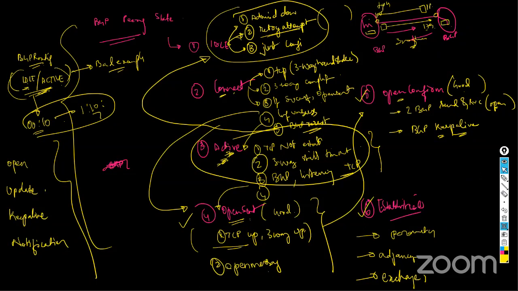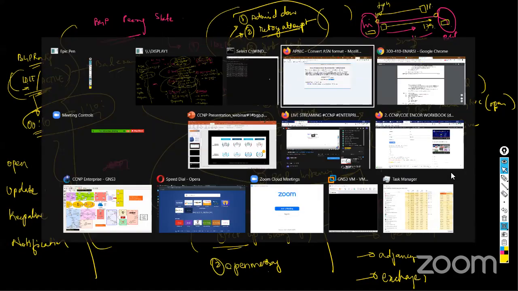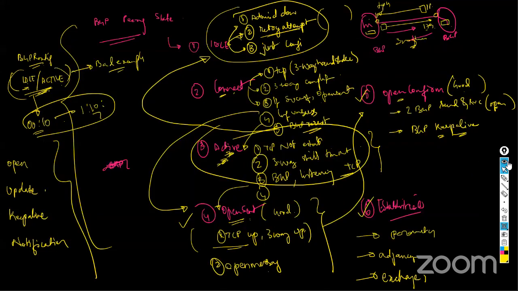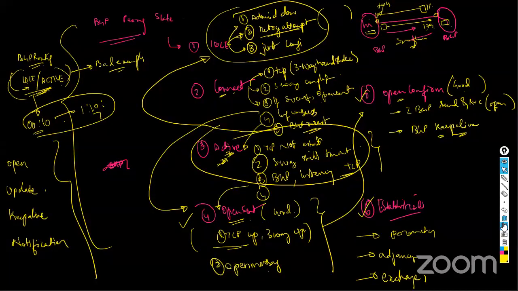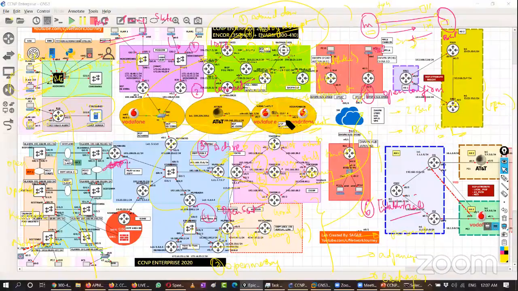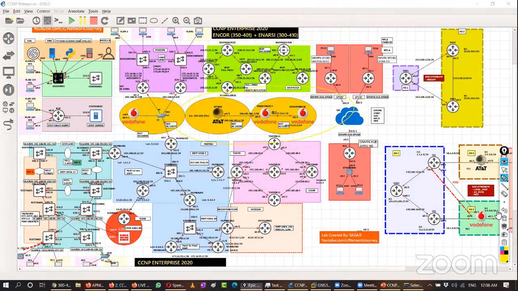I had plans to take the lab or at least show you my CCNP topology. So basically here is where I take the basic CCNP BGP topics, to show the BGP packets, the peering states, the messages, all those things.